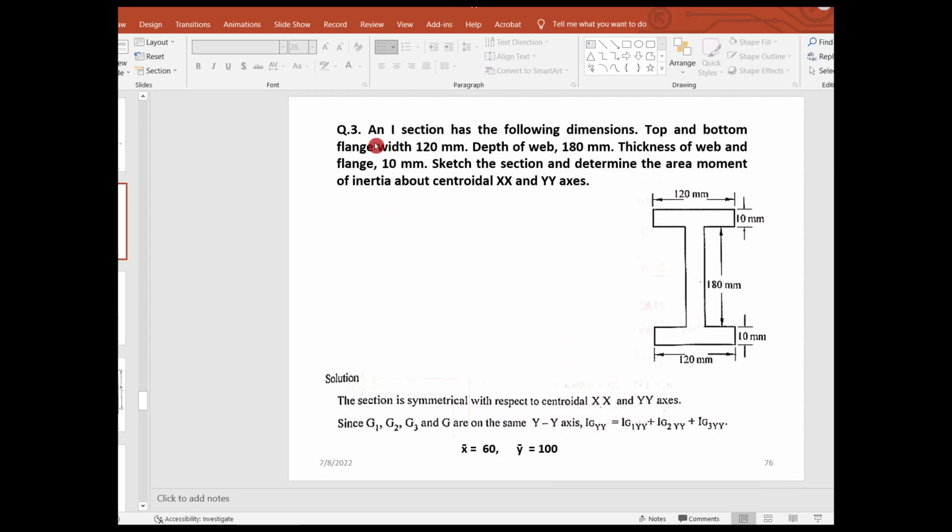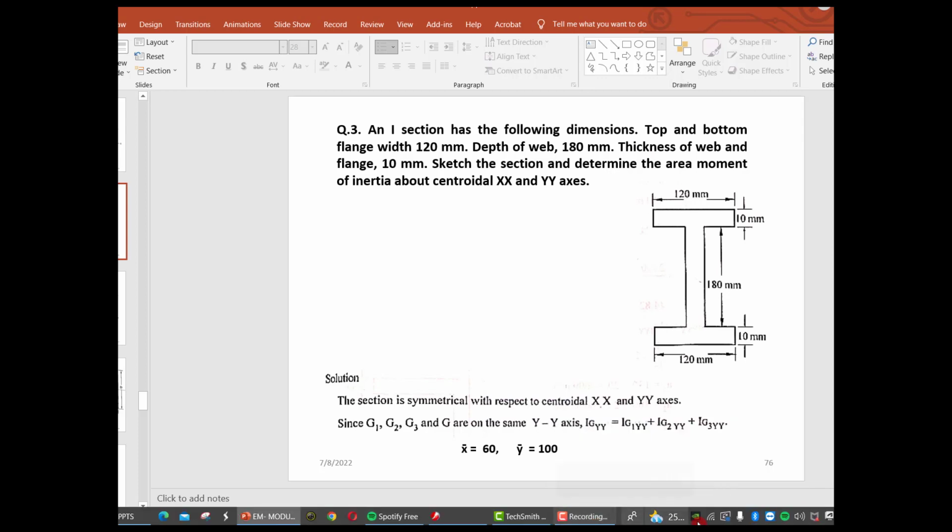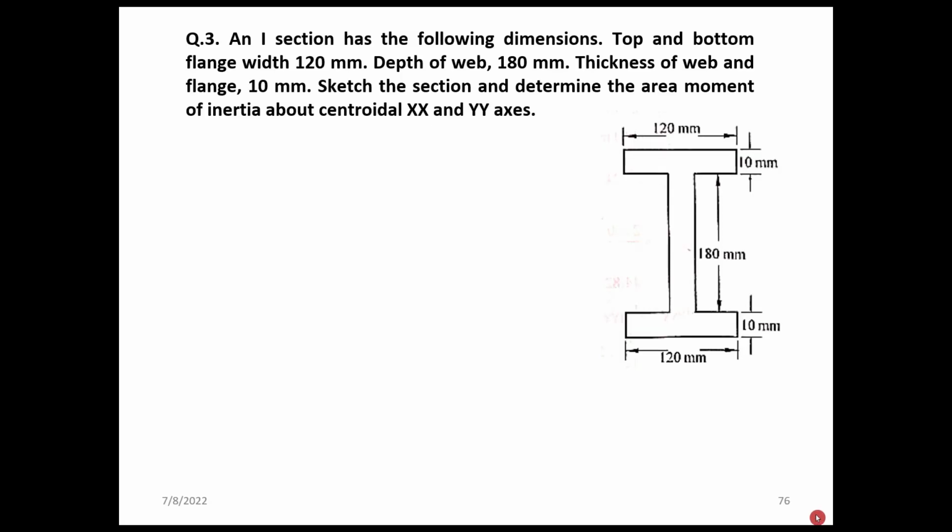So in this problem, an I section having a section shape like I has the following dimensions: top and bottom flange width 120. These are flanges 1 and 2, and this is the web portion. The flange width is 120 mm.